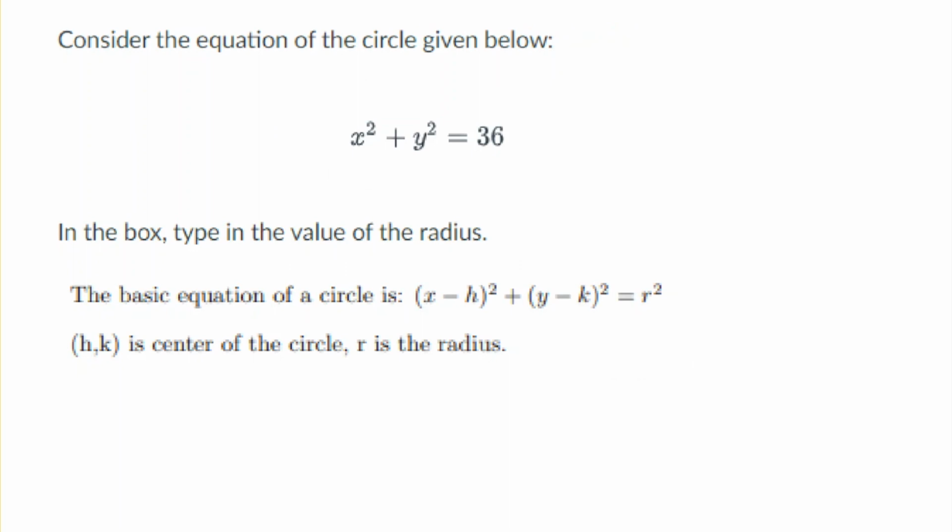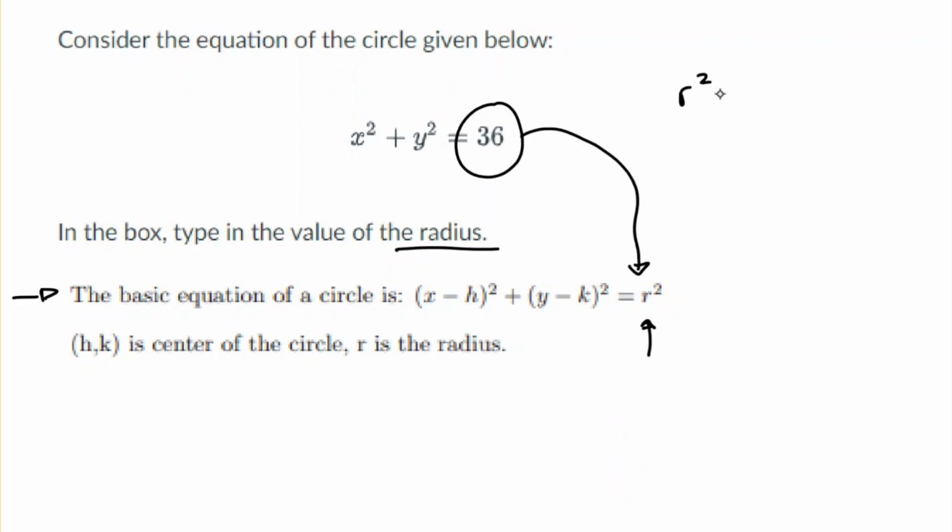So here we're asked to consider the equation of the circle given below, find the radius. Now if we recall, the general formula for a circle that I've got included here for reference is this. The radius is always whatever the number is the whole equation's equal to, if we have x's and y's solved on one side, numbers on the other. So this 36 fits our r squared.